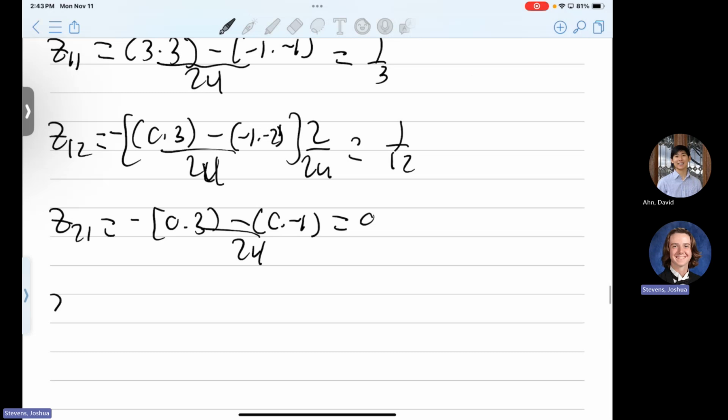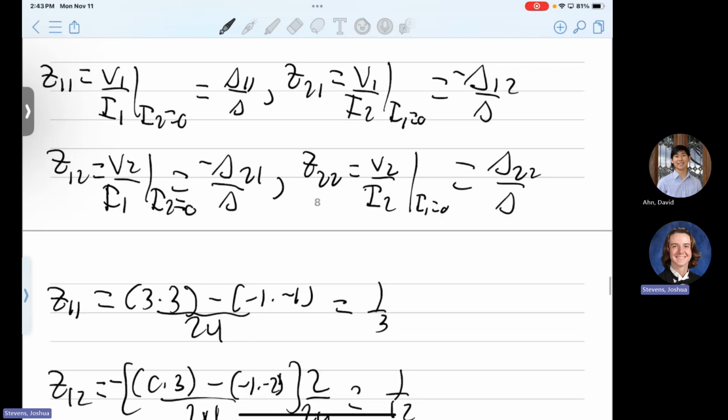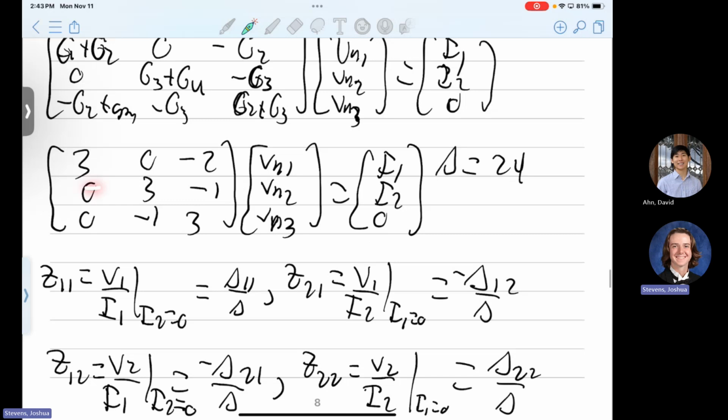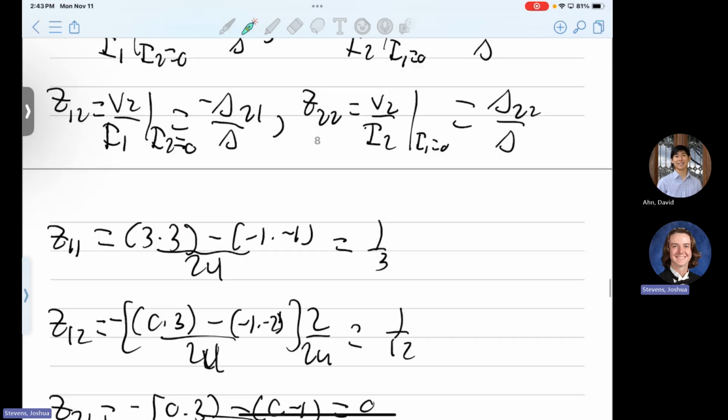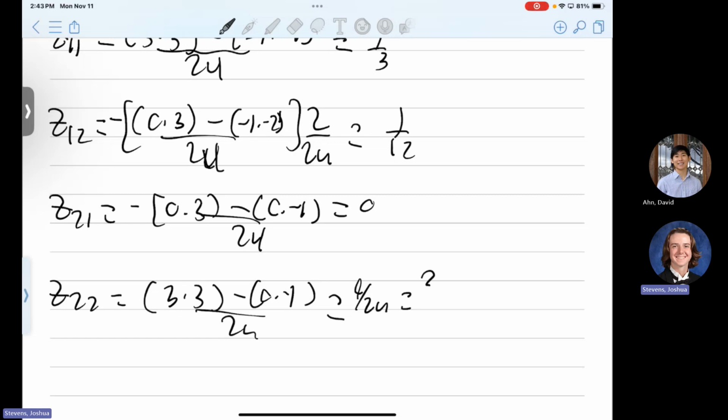And for Z22, second row, second column, 3 times 3 minus 0 times -1 over 24 gives us 9 over 24, which then gives us 3 over 8.